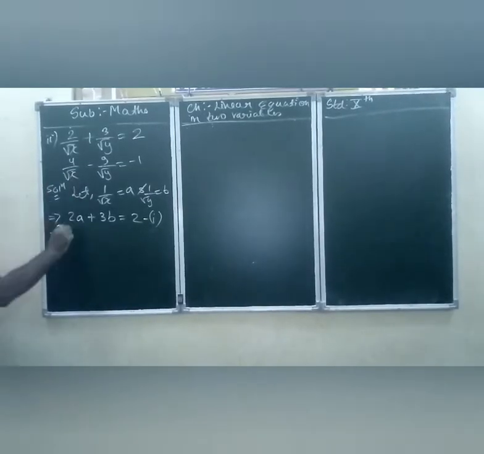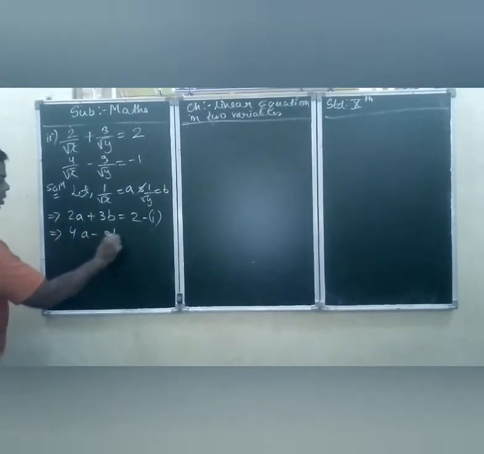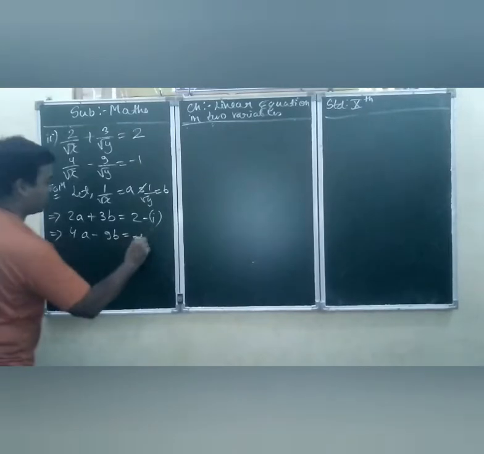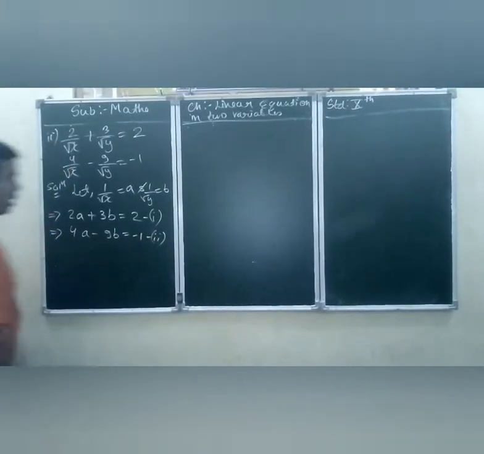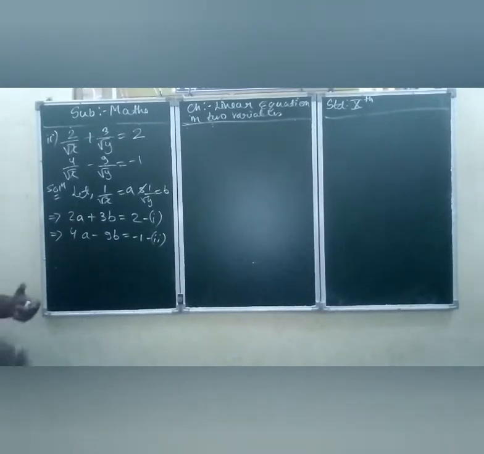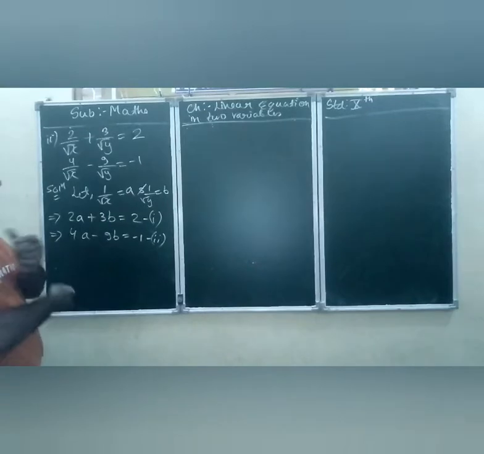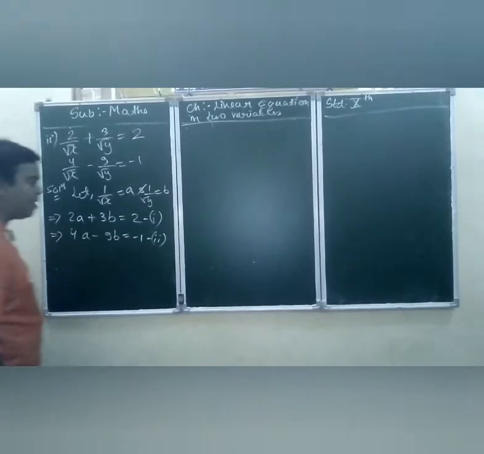Then second equation: 4 times 1 by root x is 4a, minus 9b is equal to minus 1. This is the second equation. So we solve by any method: elimination method, substitution method, cross multiplication method. You can use any method. I solved this question by the elimination method.